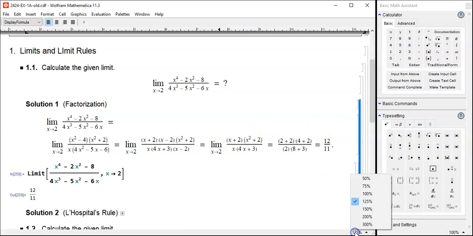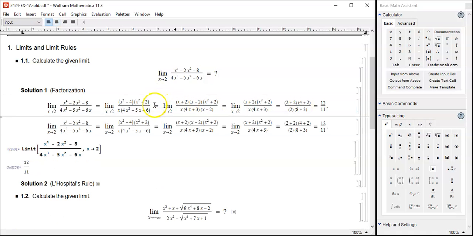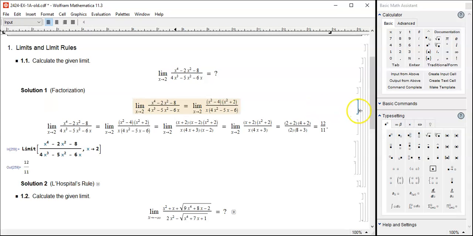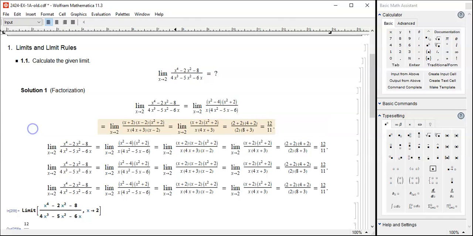I guess the font was too big, or maybe this was just too long. Excuse me, let me fix this. Okay, and then this one.